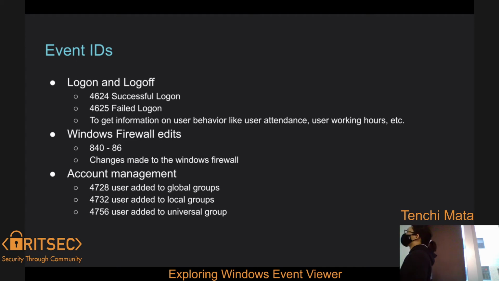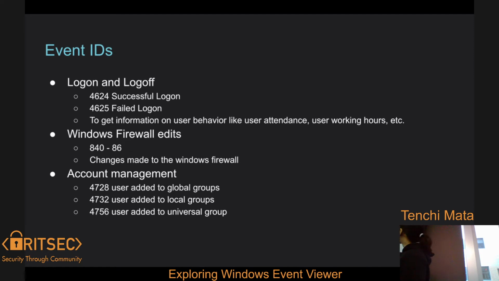Like I talked about, the lower 1000 range is kind of your legacy event IDs that attribute to the basic part of the operating system.